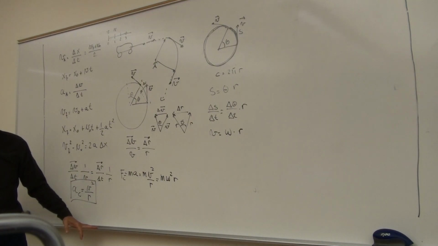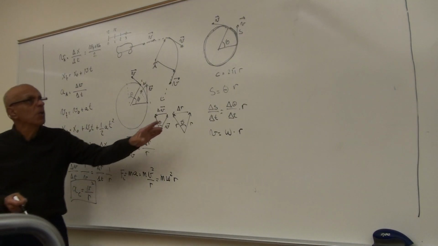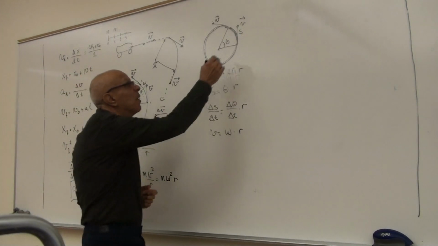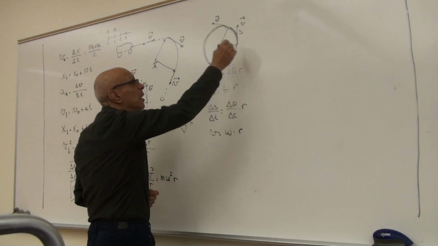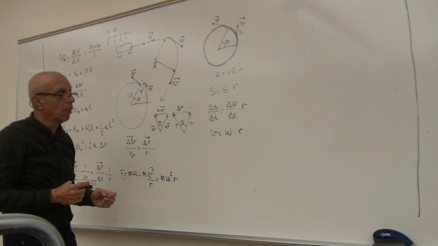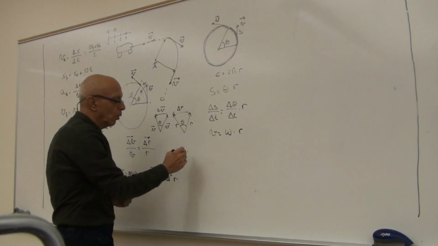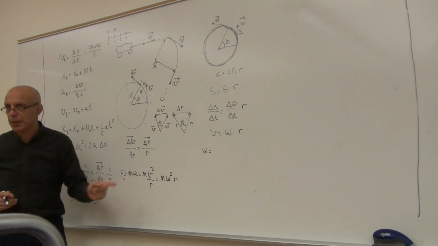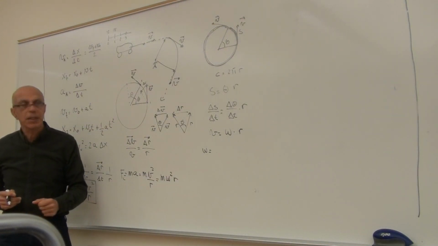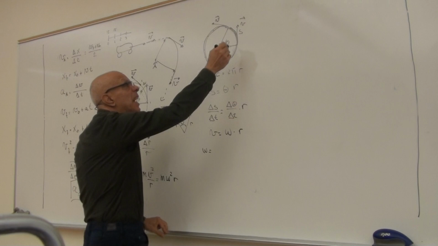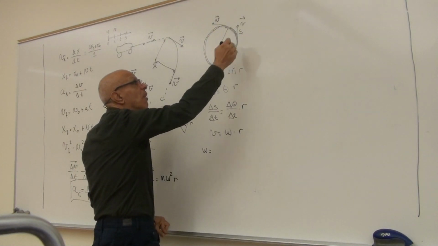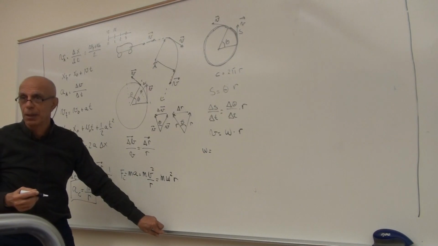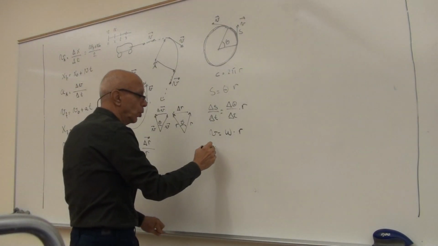Now, let's also talk about this thing going around and around. Omega, the angular velocity, relates to the time it takes to go all around here. I can calculate that also. The angle is 2 pi.